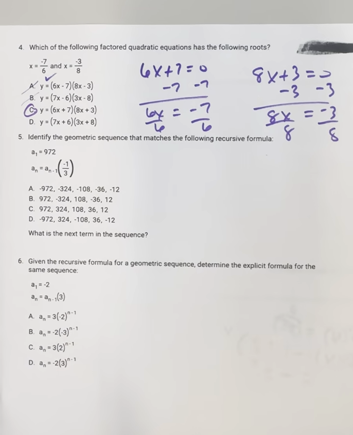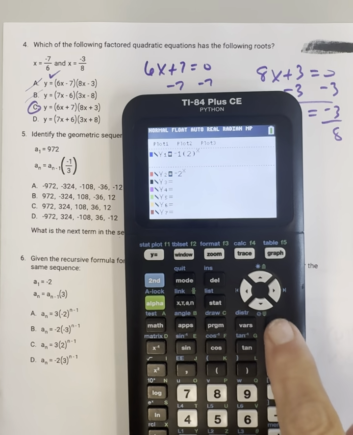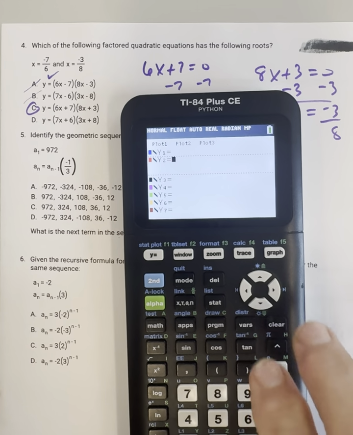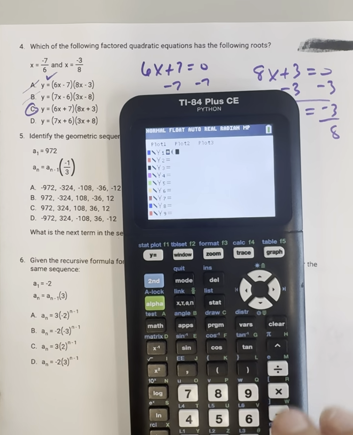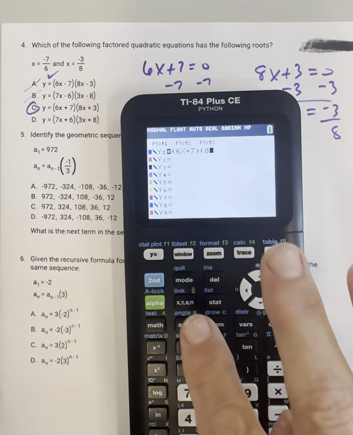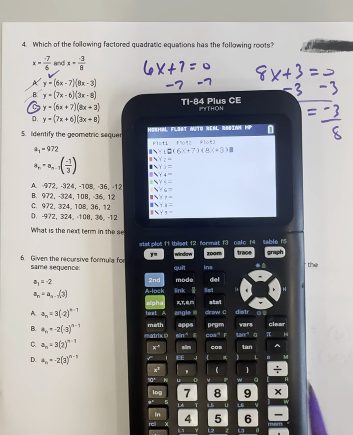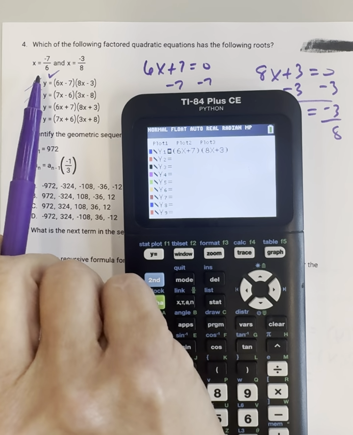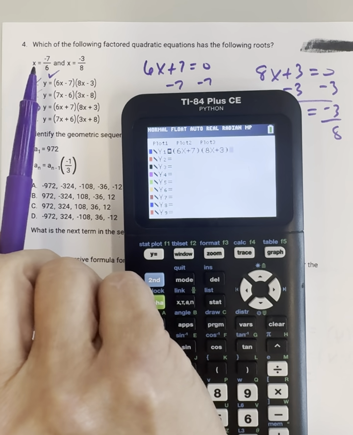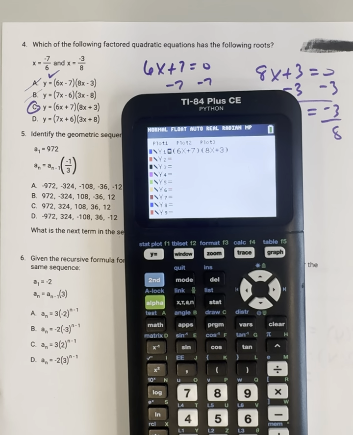Alternative is let's graph. So if you were down to C and D and you were still debating, parentheses, 6x plus 7, close it, 8x plus 3, and so -7/6 is just going to be a little bit past -1, and -3/8 is going to be almost half.